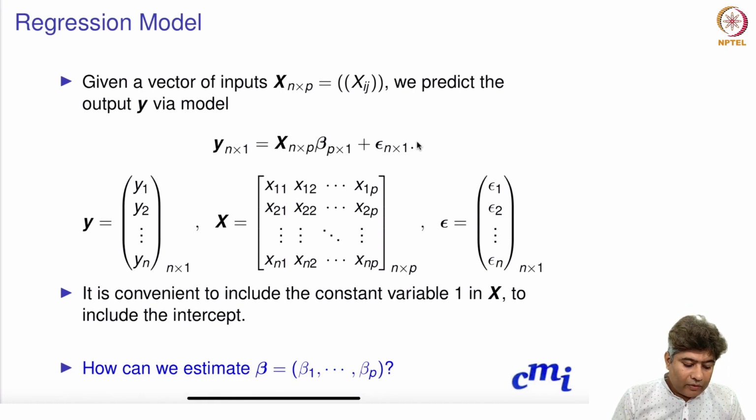So, we will start with a simple regression model which has, say, n rows and p columns. What I mean by n rows, p columns: n is the number of samples, and p is the number of predictors. So xij is the ith row and jth column.